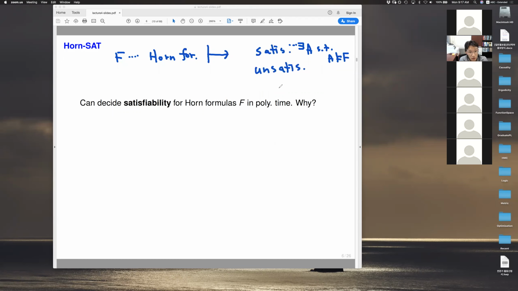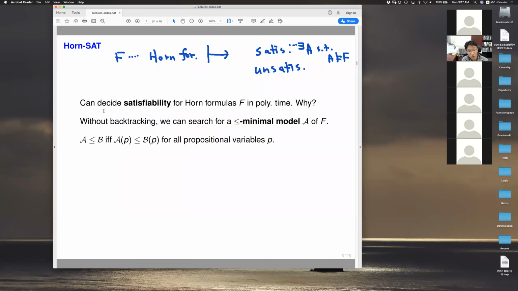Okay, so in general this isn't a hard problem for Horn formula. It's not a very hard problem. Okay, why is that the case? The reason is that in some sense, if a Horn formula is satisfiable, then there exists a best satisfying assignment.